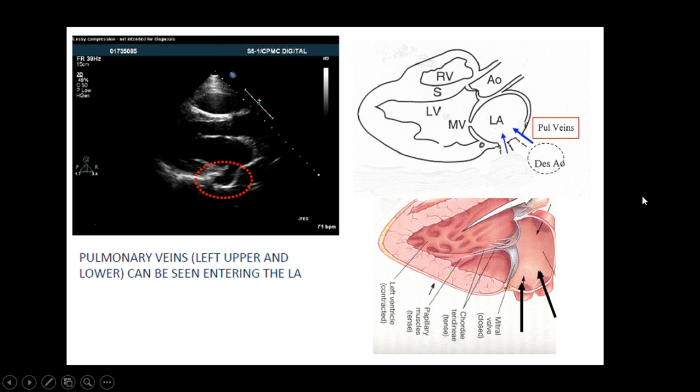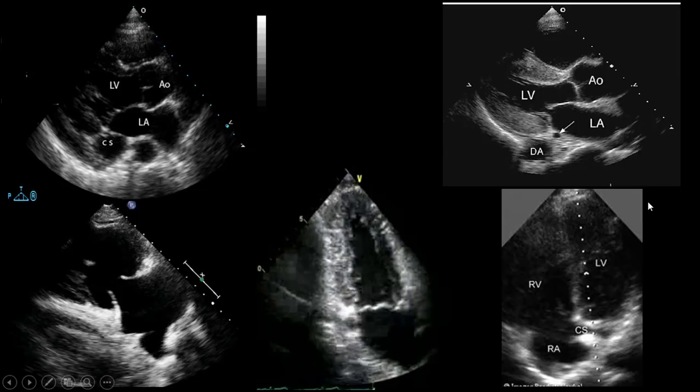Don't confuse it with pathology. In some patients, we may see at the junction of the aorta, posterior wall, and LA some circular structure. That will be the right pulmonary artery, and it is not pathology too.